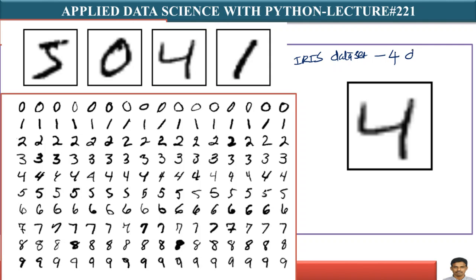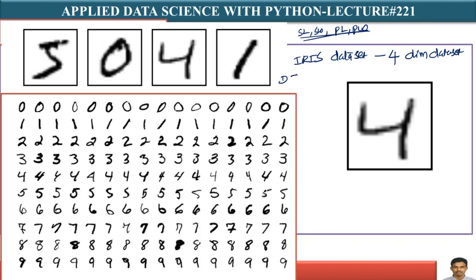It is four-dimensional, because how many features does it have? Only four features: sepal length, sepal width, petal length, petal width. These are the column names in that data set. Therefore, this is a four-dimensional data set.